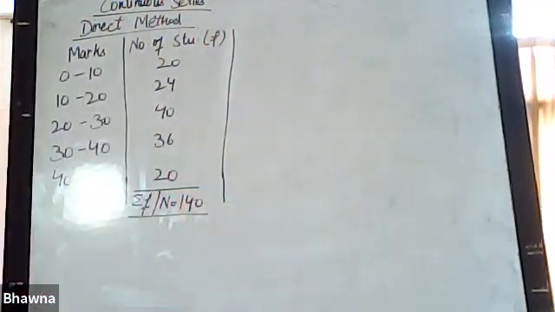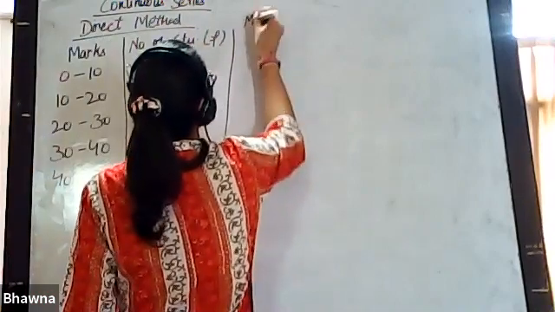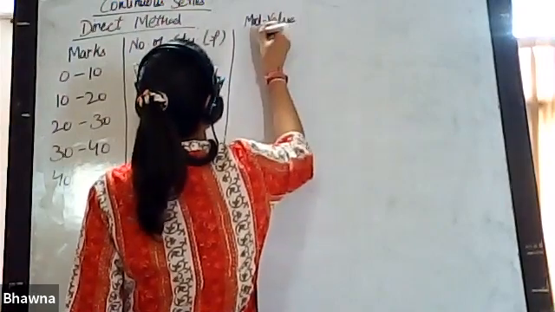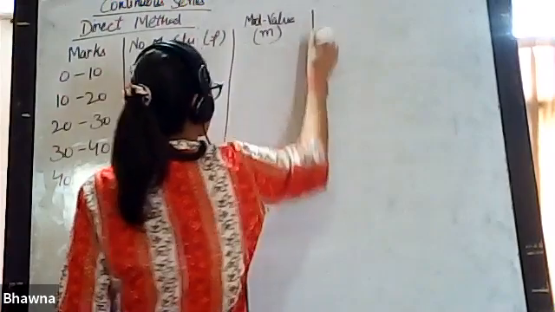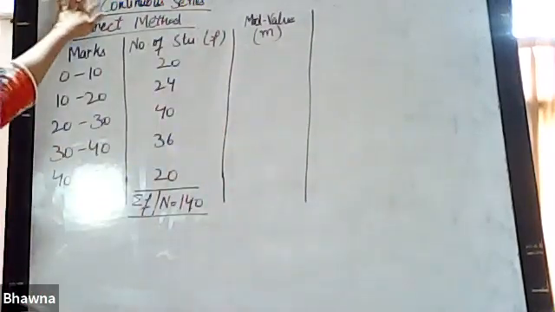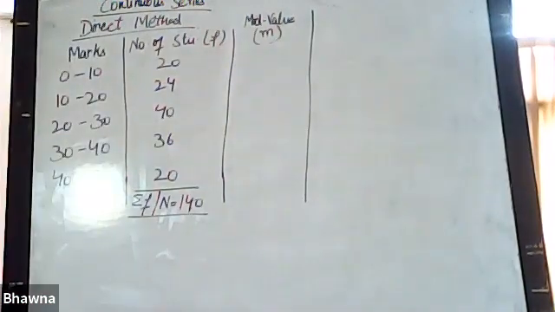In continuous series, we have to calculate the value of m, and m is denoted as the mid value. How can we calculate the mid value?